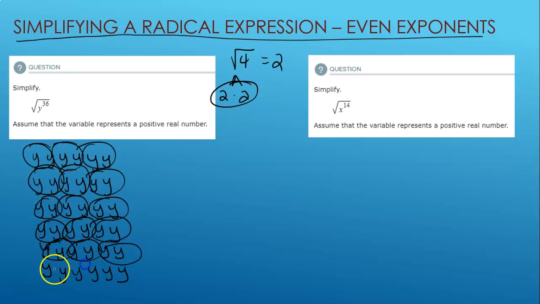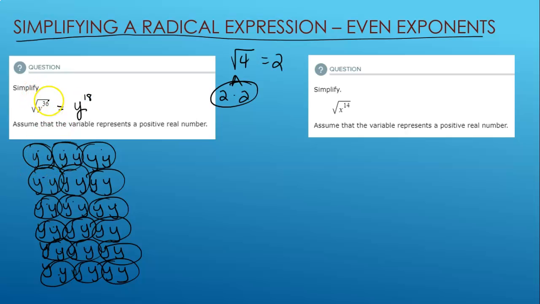I'm going to teach you a shortcut here in just a second. So now I have circled all the pairs, which means there are 18 pairs of y's. What that means is the square root of y to the 36 is y to the 18th.